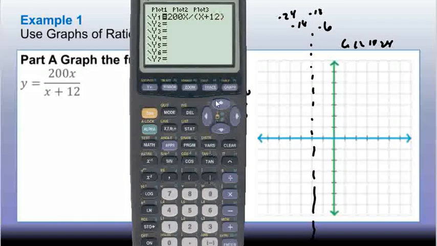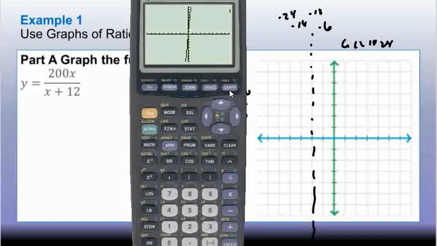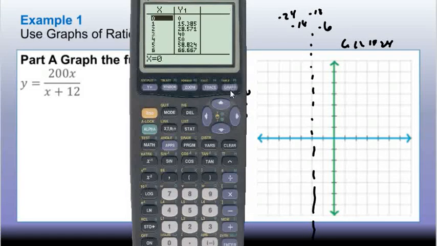If we graph that, we'll have to change our settings, but I just want to get to the table so then we can graph points here. So we have a point at 0, 0, so let's put a point there. We have a point at 340. Since we're counting by sixes, actually let's just count by sixes.